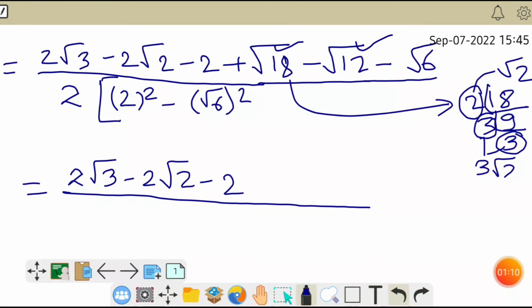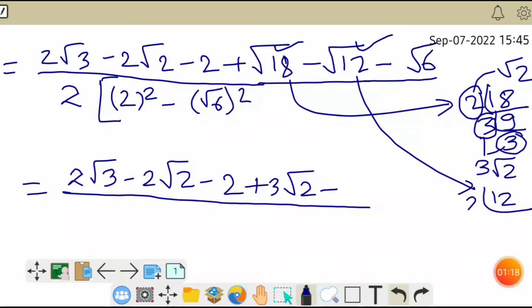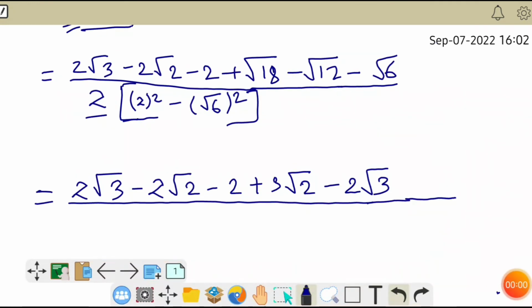So for root 18 we have plus 3 root 2, and minus for 12 we have 2 6s are 12, 2 3s are 6. So 2 has a pair, 2 will come outside, 3 will remain inside. So 2 root 3, and at last minus root 6. In the denominator we got 2 will be outside, 2 2s are 4 minus root 6 whole square is 6.